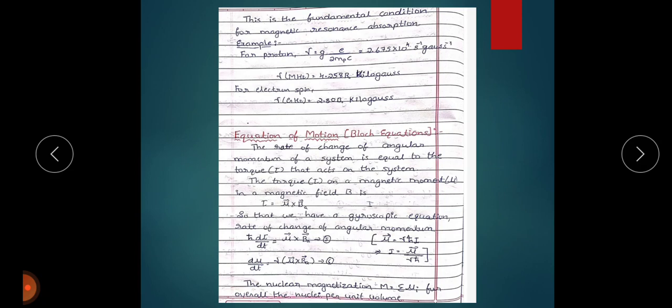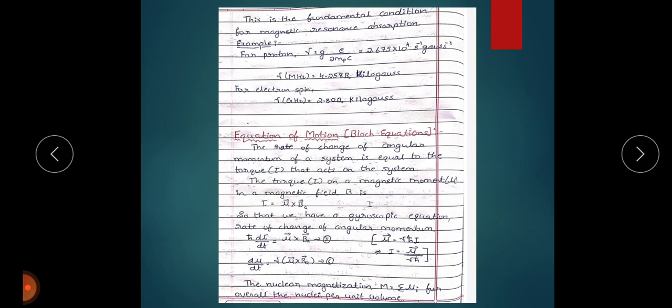We know that the torque tau on a magnetic moment mu in an applied magnetic field BA can be taken as torque tau is equal to mu cross vector BA, where mu is the magnetic moment and BA is the applied magnetic field.